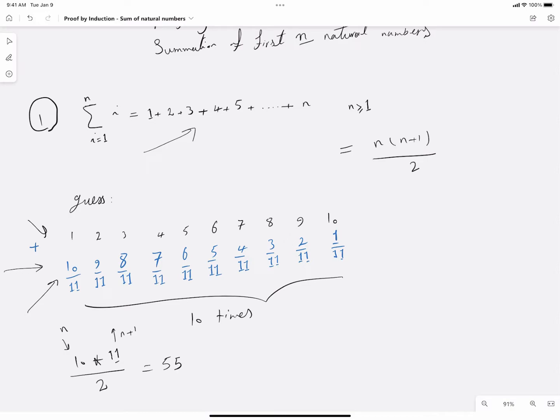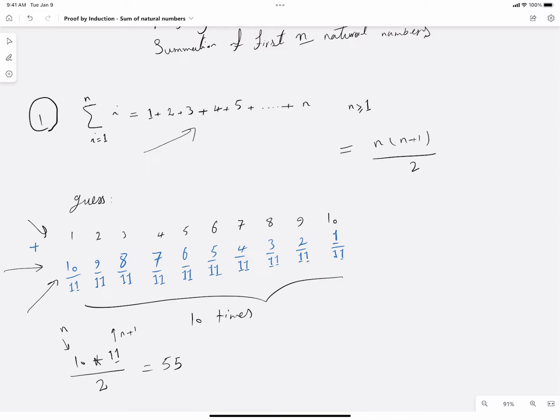The induction step: proof by induction has several steps. The very first step is to show that it works for some basic cases. For example, when n is equal to 1, we're going to see if it's true or not. And then there is something called the induction hypothesis, where we assume that the theorem we're going to prove is true for some arbitrary number.